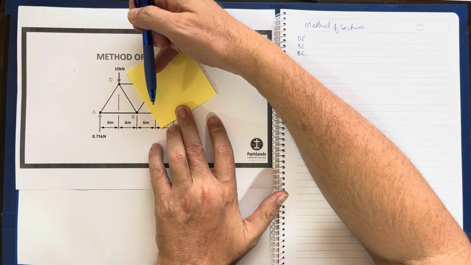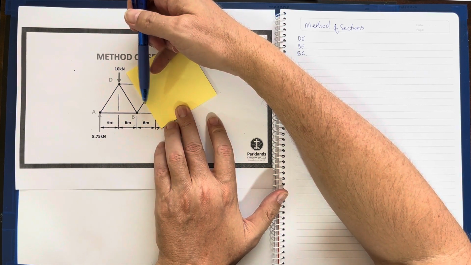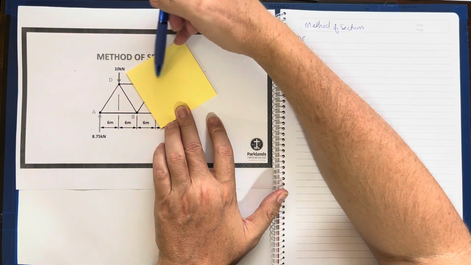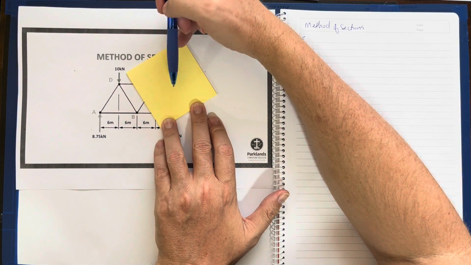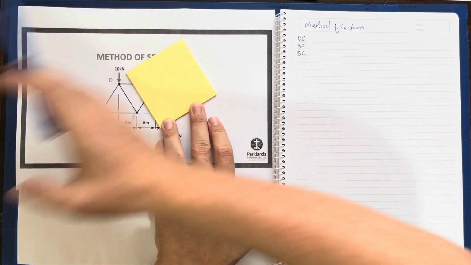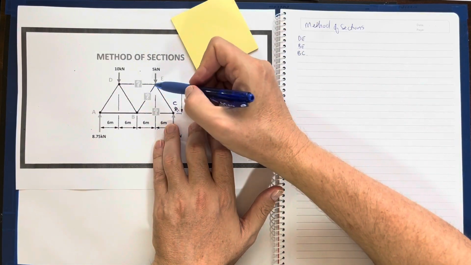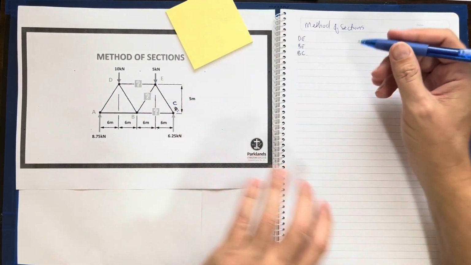Just be wary though, we might not be using any of the other members in this section here, but if we section that off, we might actually use some of the joints. So I'm going to redraw it.